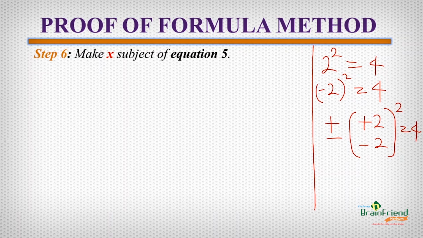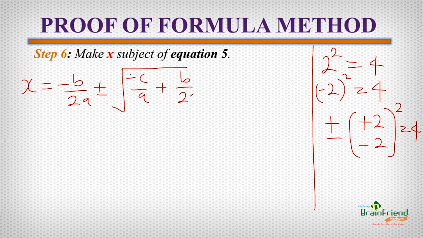The last equation we had was x is equal to minus b over 2a plus or minus square root of minus c over a plus b over 2a all squared, right? Okay, let's take the LCM of what is in the square root. Now let's expand what's in the bracket first.